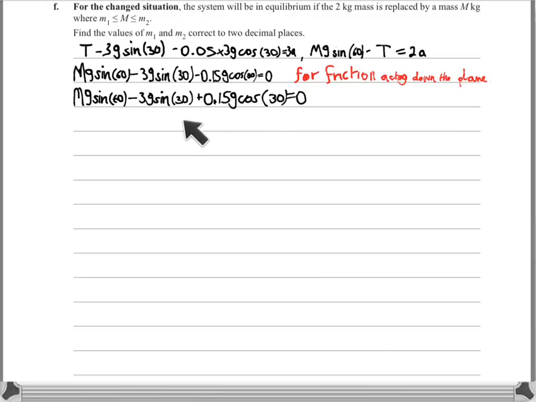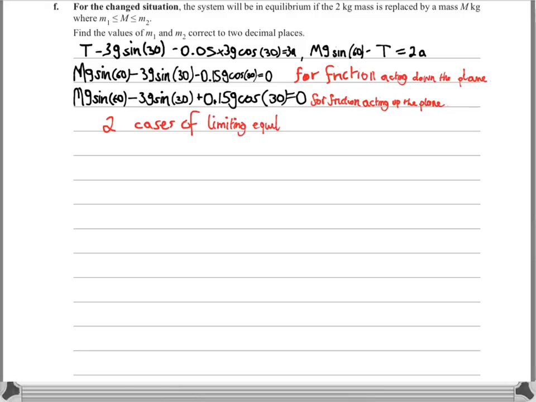Okay, so that means this is a situation where the block has a tendency to want to move down the plane. The 3 kilogram block wants to move down the plane, whereas the previous equation, this one here, is for the situation where there's the tendency for the 3 kilogram mass to move up the plane. Okay, so two different directions of motion in that situation you've got to consider.